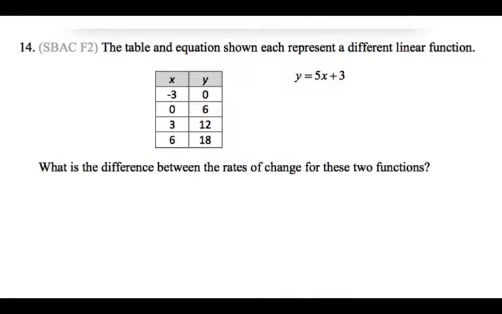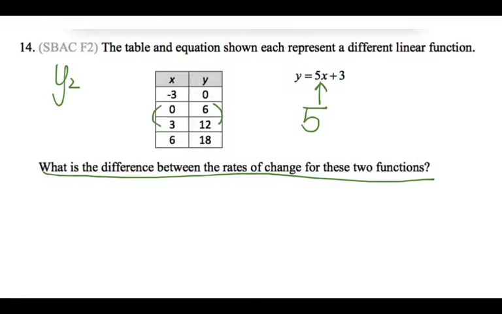Okay, for number 14. Okay, for 14, we want to know what is the difference between the rates of change for the two functions. The second one's rate of change is 5. The rate of change for the first one, we're going to have to find the slope. So I'm going to just pick 2 points and I'm going to do my subtraction.